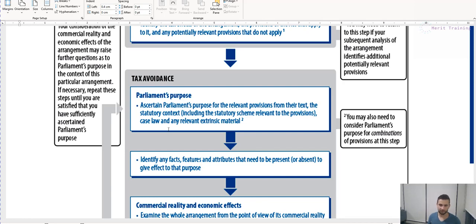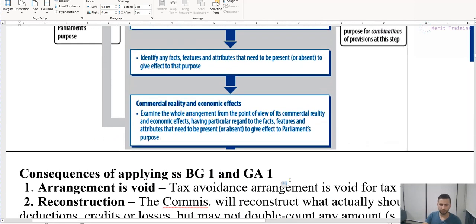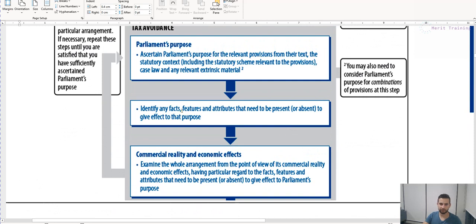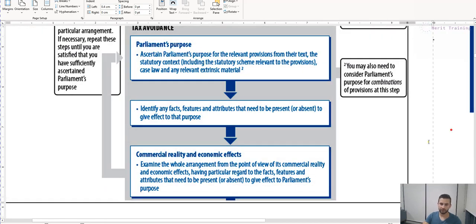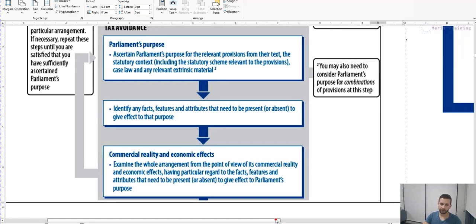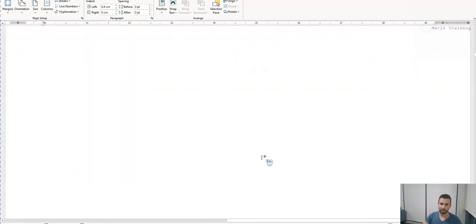There might be some specific acts relating to that. You also need to identify any facts and attributes that need to be present to give effect to that purpose. And you need to look at it from a commercial reality. So don't just look at the letter of the law by itself. You need to look at the whole case. What are the facts of the economic situation that are present, which might give some context to the intention?